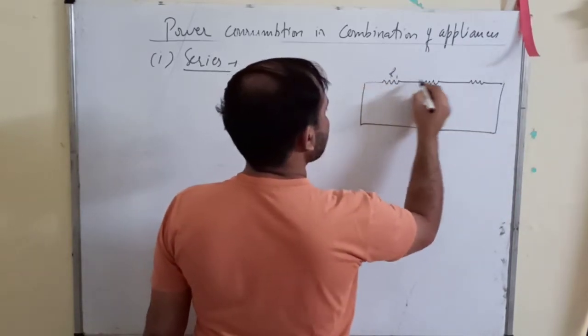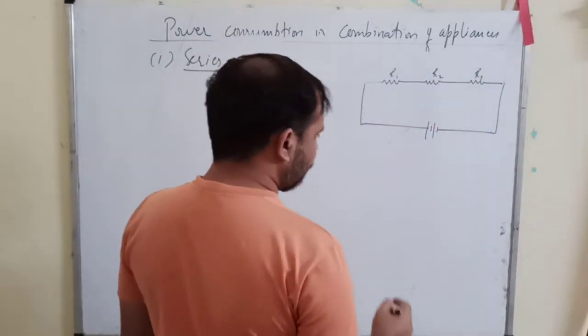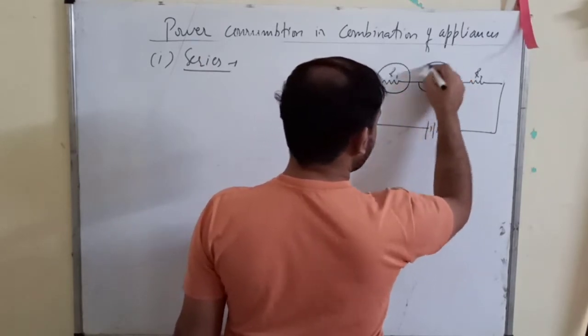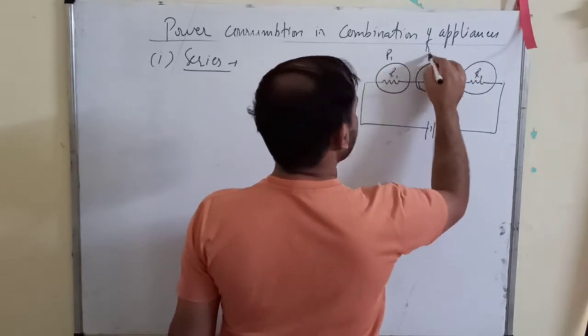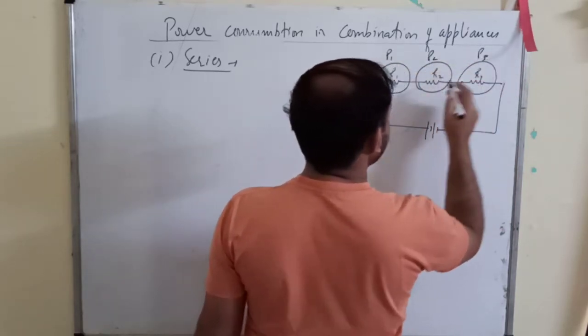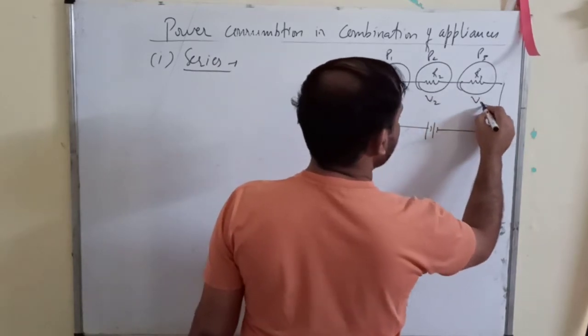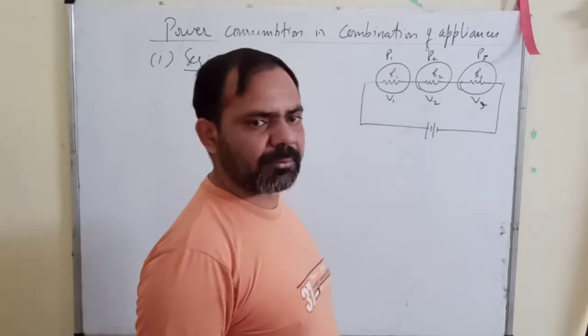Suppose we have three resistances R1, R2, R3, and suppose they are appliances with power ratings P1, P2, P3, and they are connected across the voltages V1, V2, V3. Since it is a series combination, their voltages will be different.